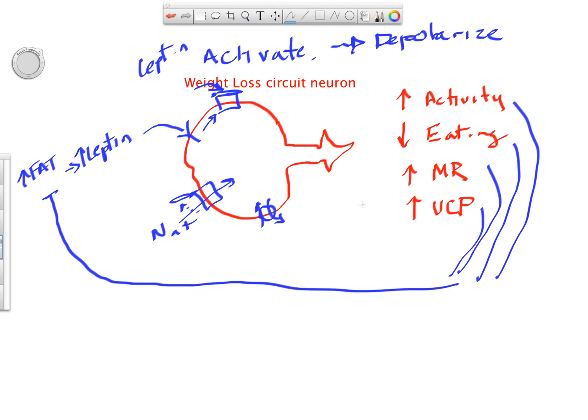Now, it's also true that closing potassium channels will lead to the depolarization of these cells. Just as in pancreatic beta cells, closure of potassium channels is one of the mechanisms by which depolarization is carried out.